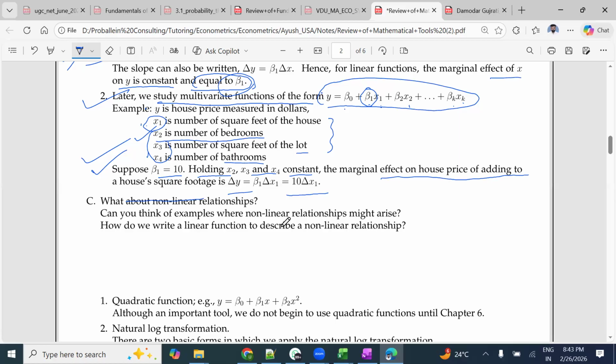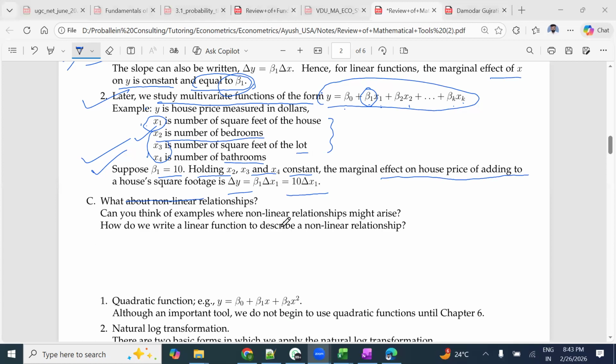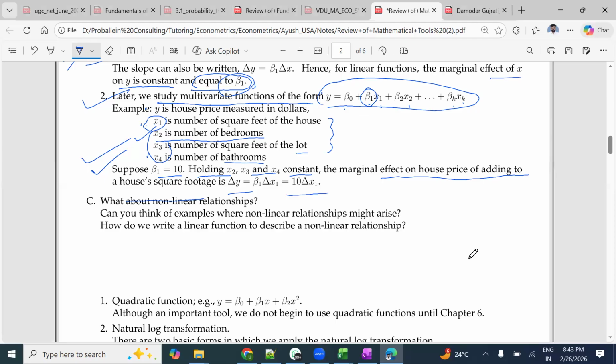Today we are just doing the math part, the basic mathematics which is required to understand econometrics. We will start econometrics later on, not today. Okay, ma'am? Okay, sir. We will discuss why we need a lot of variables, and whether regression means causality or not.